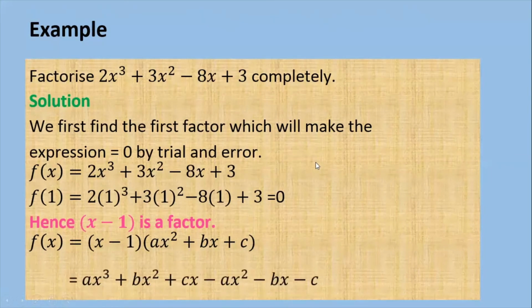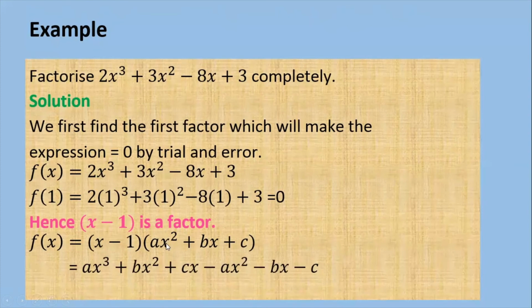So first step, you will multiply these 2 factors. That is, you will remove the bracket. So you will get ax cubed plus bx squared plus cx minus ax squared minus bx minus c. And then what do you need to do? You will group like terms. That is ax cubed.